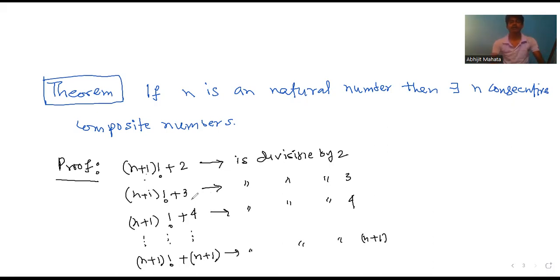So this means that this construction makes the gap larger and larger between two prime numbers.